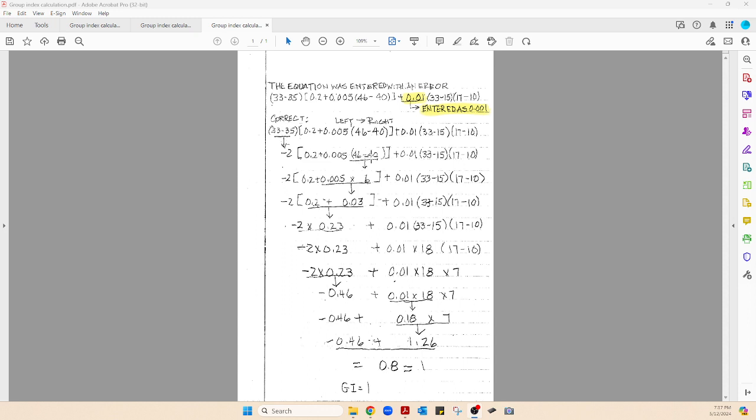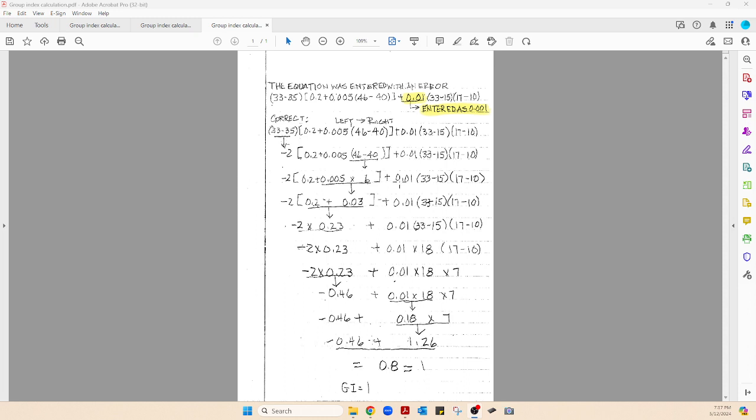That's probably me being repetitious, but I just dropped down. Everything I carried across stayed the same. This time when I dropped down, you will notice when I got to these parentheses, I got rid of them. So the 46 minus 40 became 6, and that changed that.